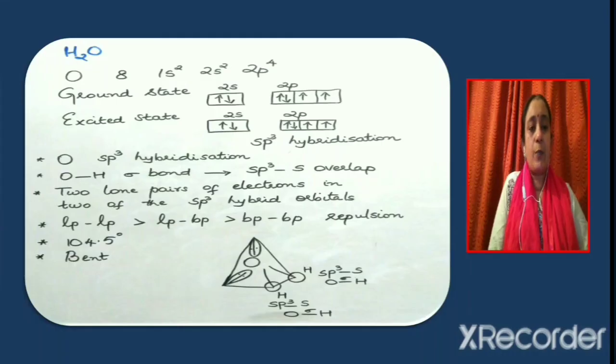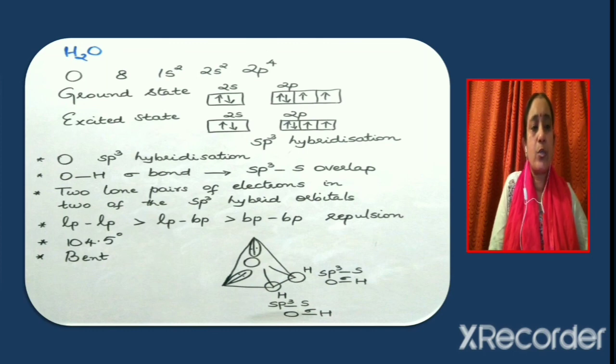Consider the next molecule, water. Here the central atom is oxygen. Its atomic number is 8 and the electronic configuration can be written as 1s2, 2s2, 2p4. In the ground state, the electronic configuration will be 2 electrons in the 2s orbital and 4 electrons in the 2p orbital. The excited state electronic configuration is also the same.